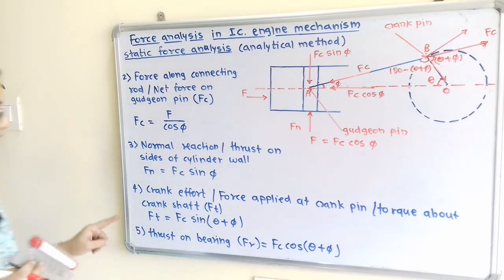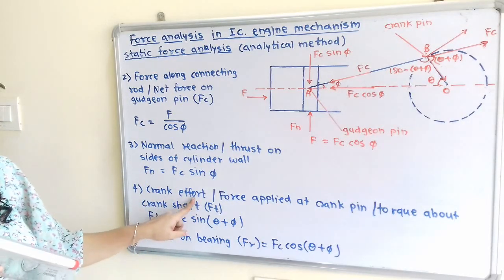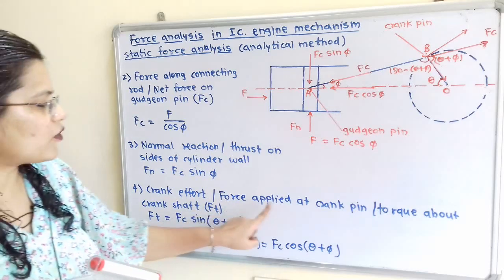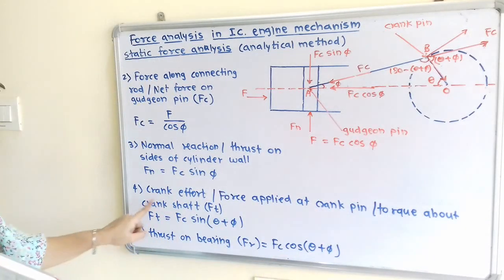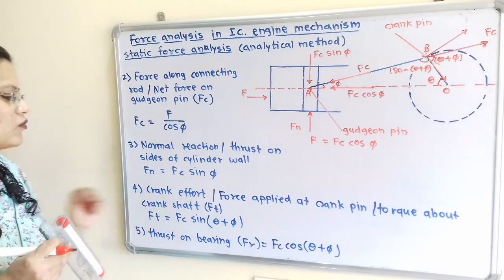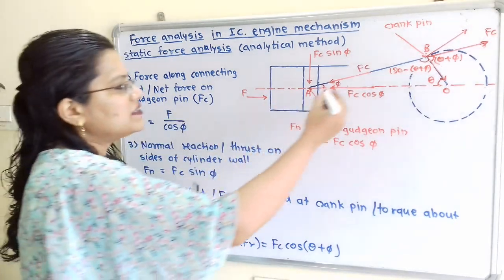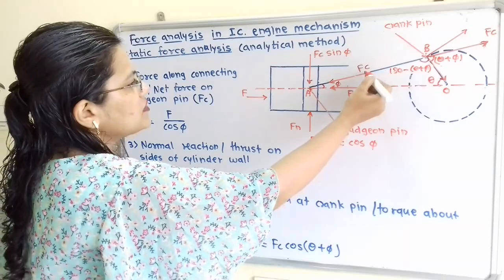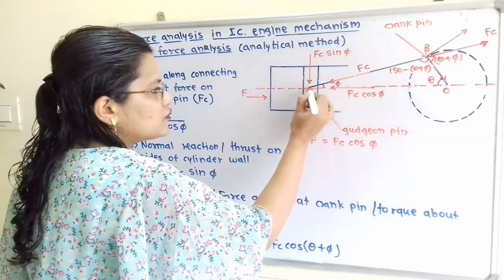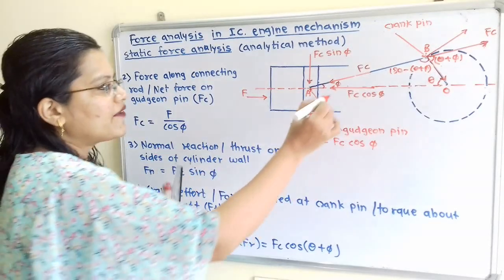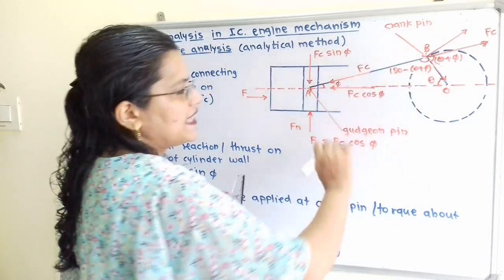Now we will move to the next formula, crank effort. It is also known as force applied at crank pin or torque about the crankshaft. So how to calculate this? Now this force along connecting rod is acting towards this gudgeon pin, in the same way it is acting towards this crank pin.